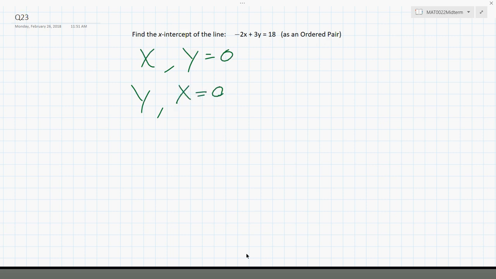So whichever one that I'm reading, I want the other one to be 0, right? So in this case, I'm looking for x. I want y to be 0. So I'm going to plug it in up there. So negative 2x, put a 0 in where that y was, so suddenly the 3 is multiplied by 0, it doesn't exist. That whole section just got deleted, basically. Equals 18. What do I do?